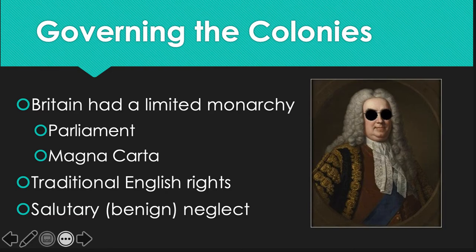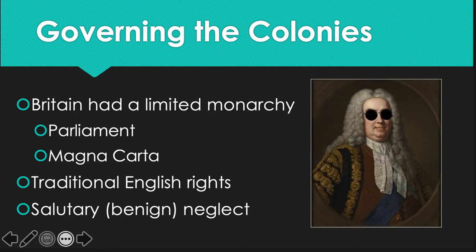Specifically, when we move to the Constitution, which we're getting ahead of ourselves just a little bit there, you're going to see Parliament heavily reflected in the Constitution. The idea of a two-house legislature, just like Parliament, an upper and a lower, with the House of Commons versus the representation of the nobles in Parliament. Same idea. So we like this idea of a limited ruler over in the colonies, just as they had seen from whence they came.